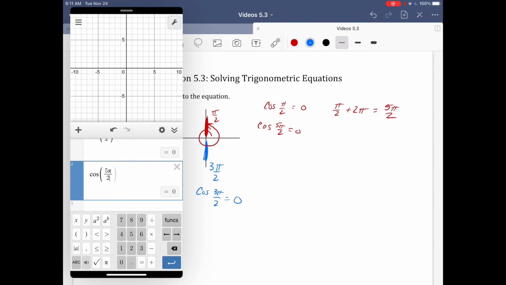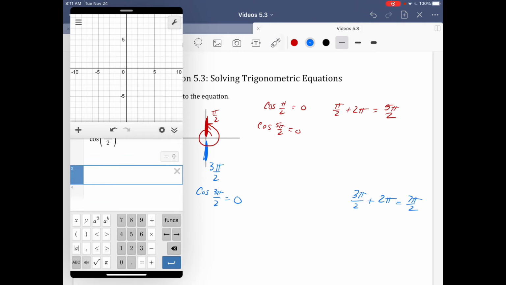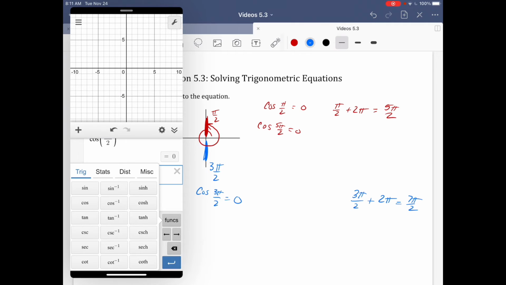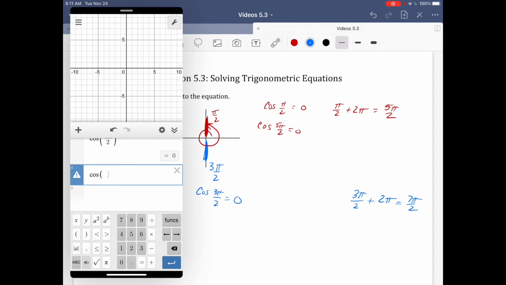Adding 3 pi over 2 plus 2 pi would be 7 pi over 2, right? So the cosine of 3 pi over 2, remember we're just verifying, we're checking our solution, is 0. And the cosine of 7 pi over 2 is also 0.